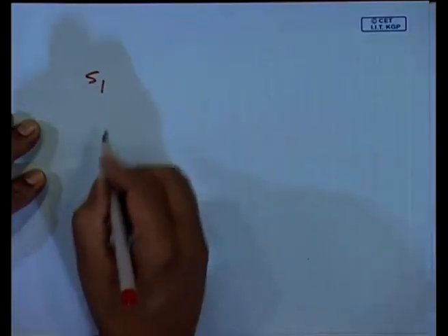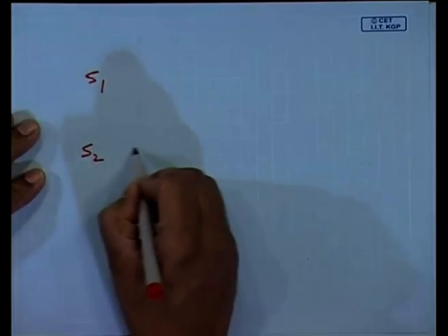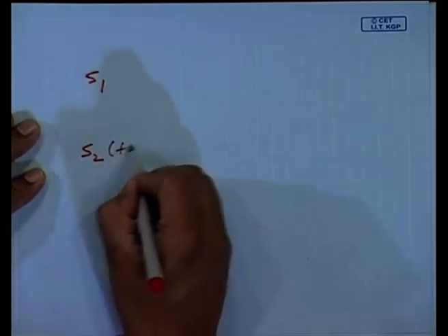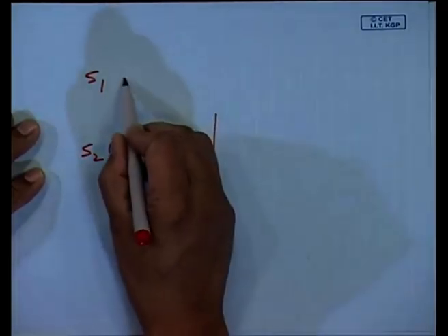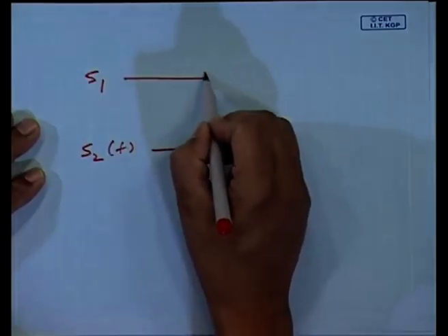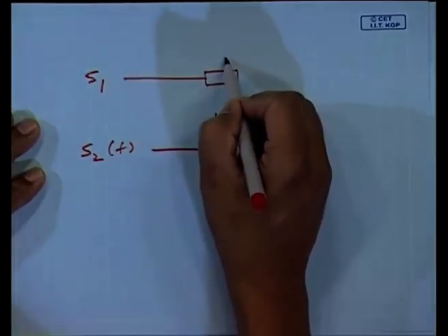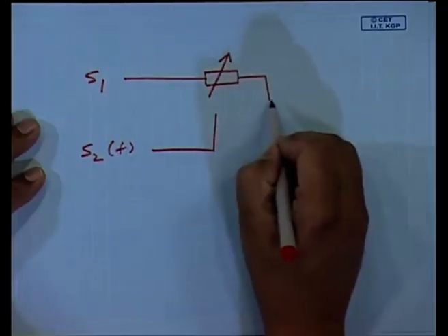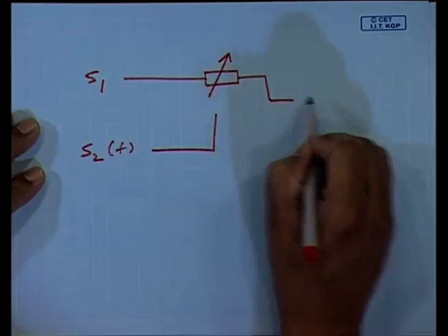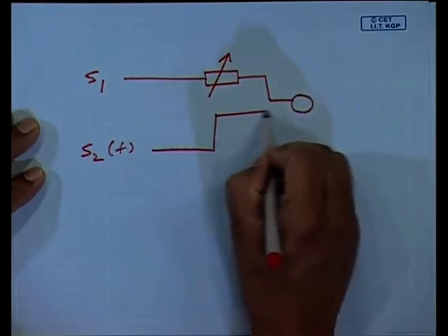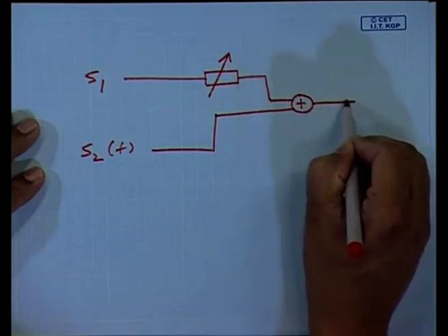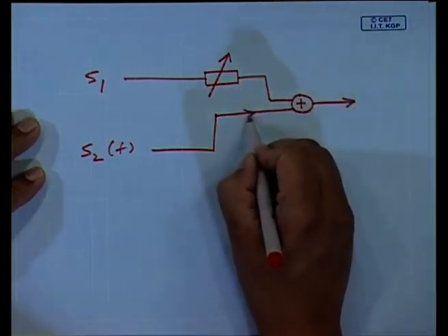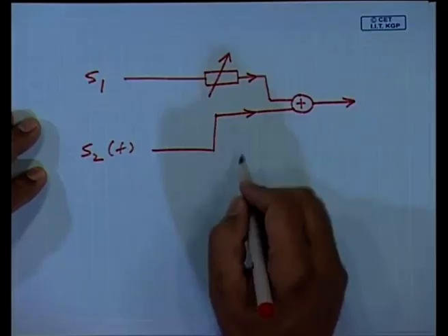Let me explain to you in this method. Suppose I have a signal S1, suppose I have a signal S2, where S2's frequency is known to me.